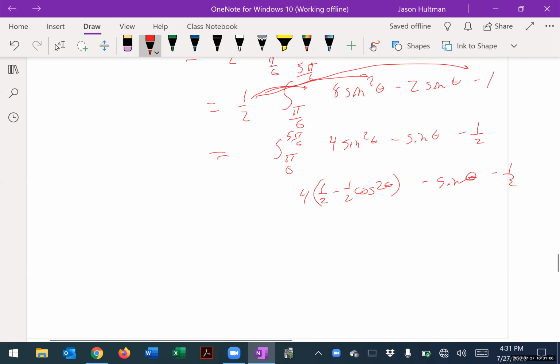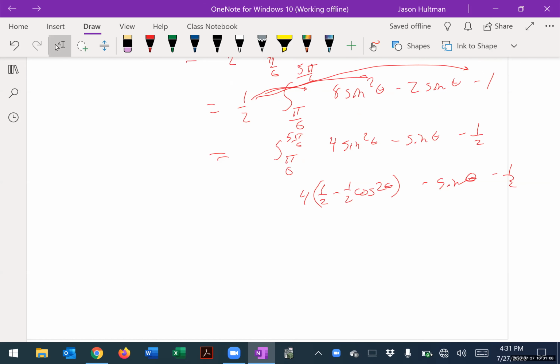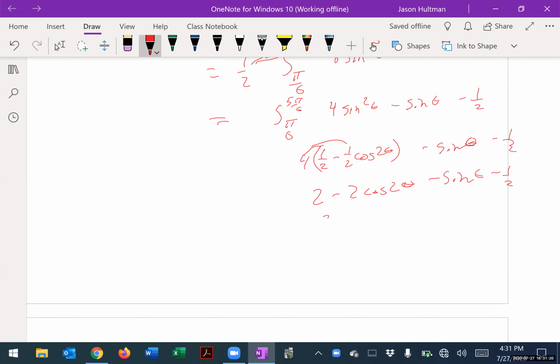Okay. So distributing, we would get 2 minus 2 cosine 2 theta minus sine theta minus 1/2. 2 minus 1/2 is 3/2. We get 3/2 minus 2 cosine 2 theta minus sine theta.